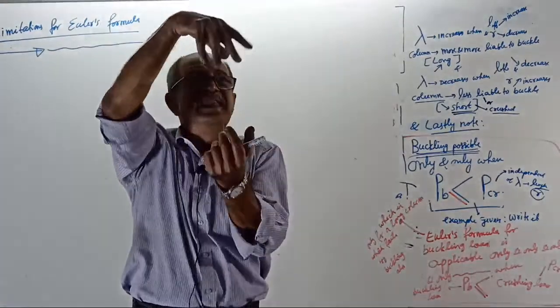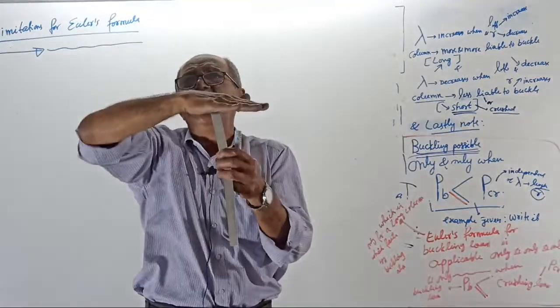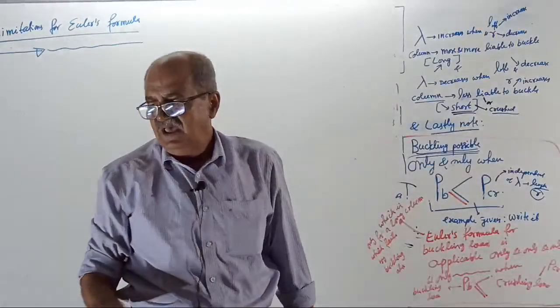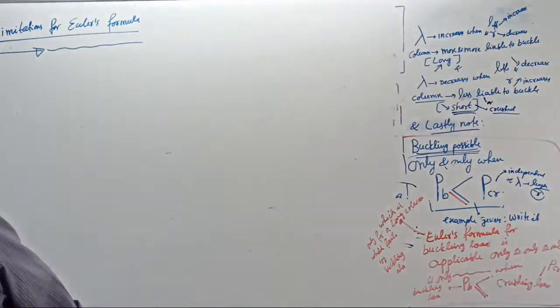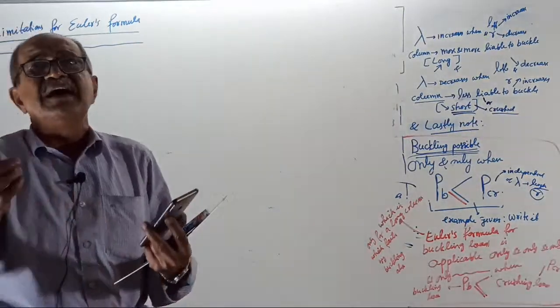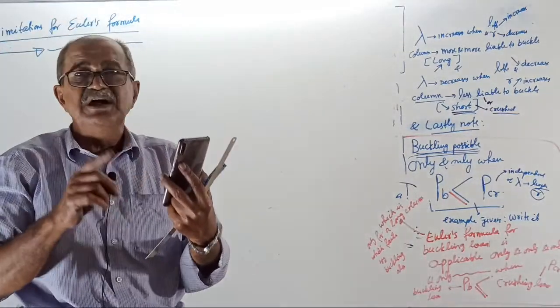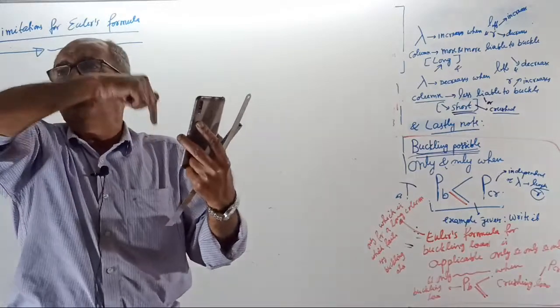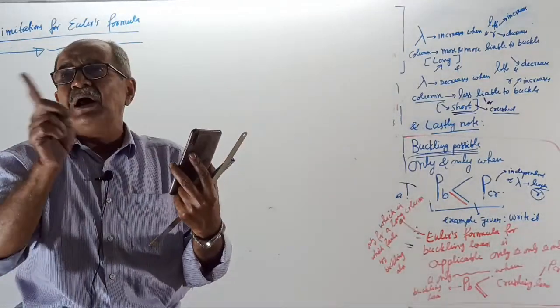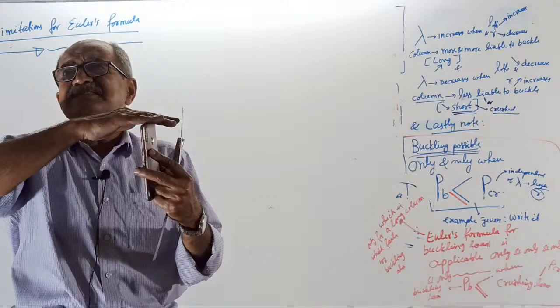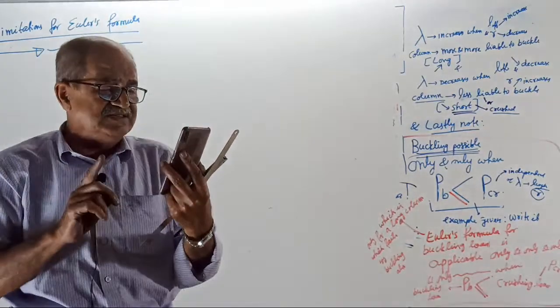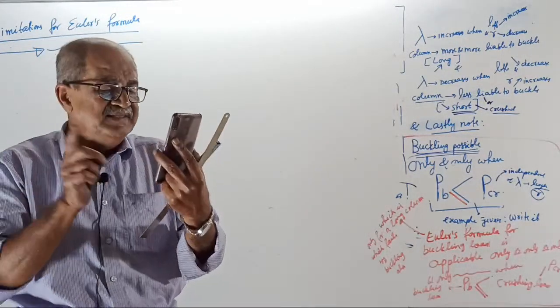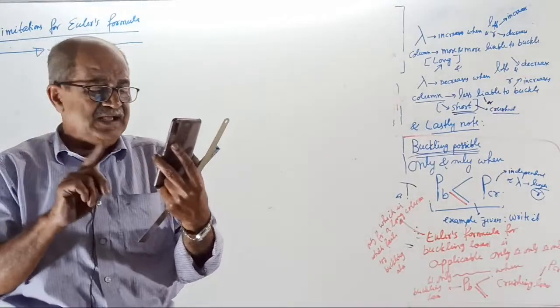He never considered force by area compression. Yes or no? He considered only bending. He never considered the effect of axial force? In the derivation, PB into Y, bending moment. He never bothered about axial stress, PB by area. He never considered the effect of axial compression.